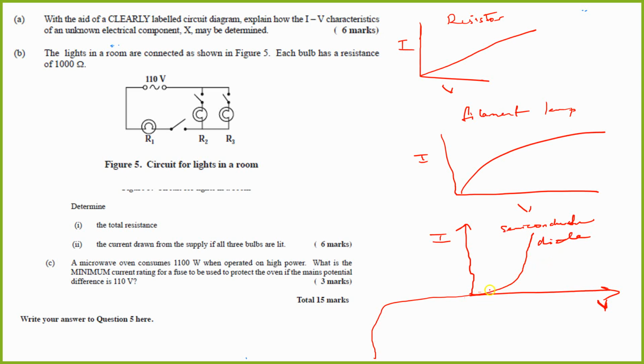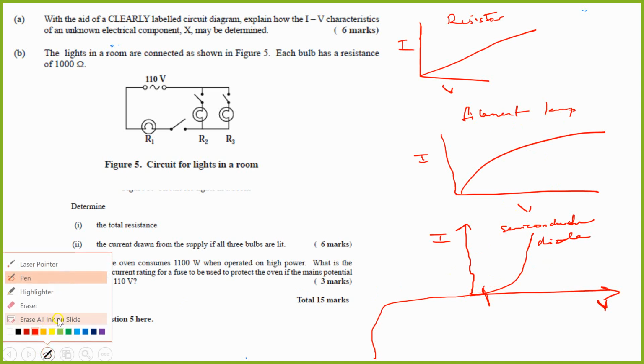So if the voltage is not at the amount that it needs, then no current is going to flow through it. This is a lot of information, but you definitely need to go back over it to know which graph corresponds to which component. All right. You get me so far, sir?